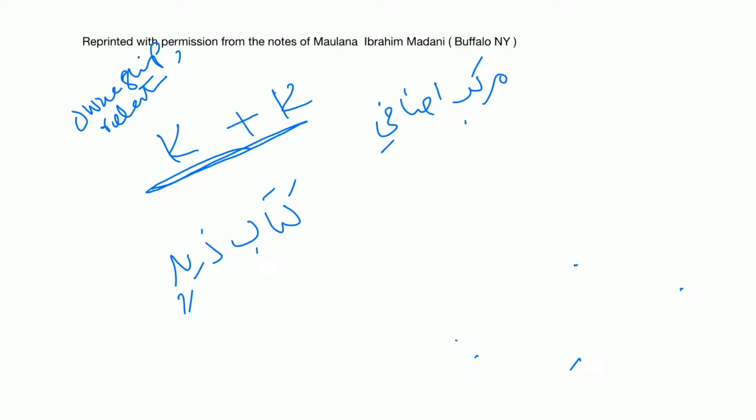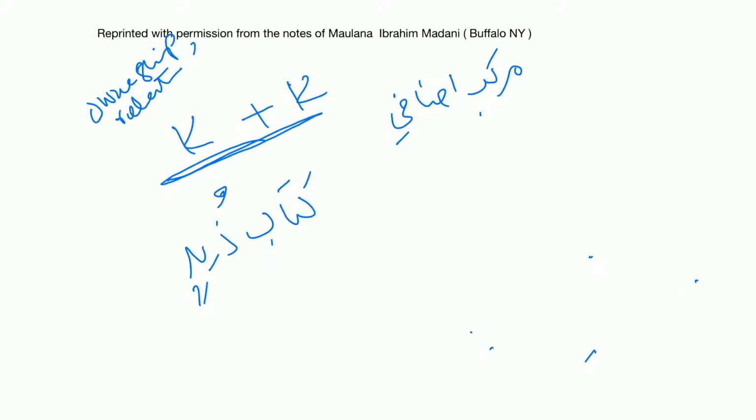So Kitabu Zaydin, Zayd की किताब. सही है ना उर्दू में? हाँ? ज़ैद की किताब. अच्छा, किताब ज़ैदिन, तो की आ गया ना. So और लिंक क्या है? मिल्कियत है, ऑनरशिप है. तो 2 हो गए.